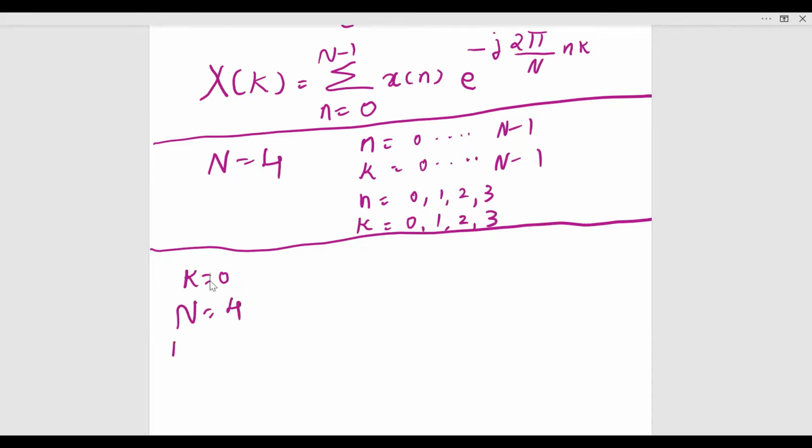Small n goes from 0 to 3. Now write x of 0 is equal to, first we substitute n is 0.